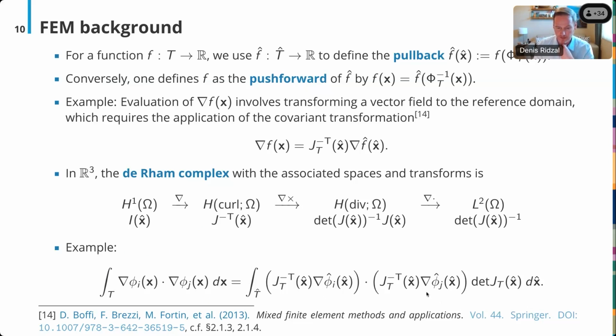And so if we stare at this integral on the right here, we can now start thinking about memory in finite element codes. So we can only store the reference values, which are very few, and we can then recompute all these quantities every time we need them.